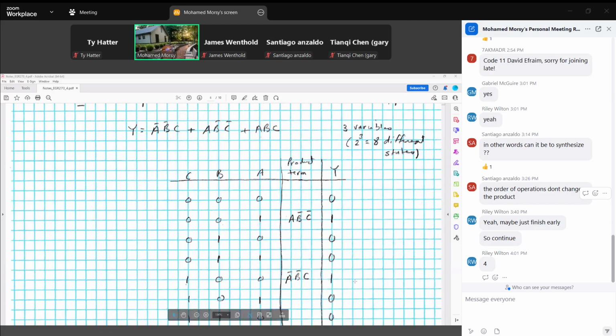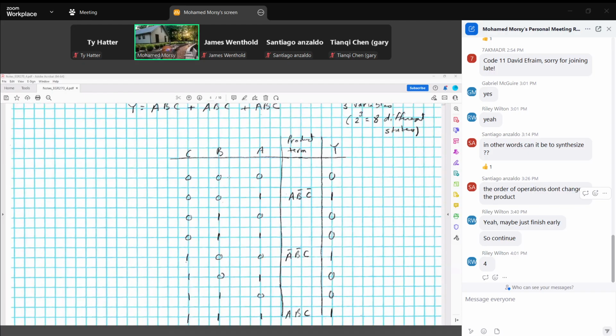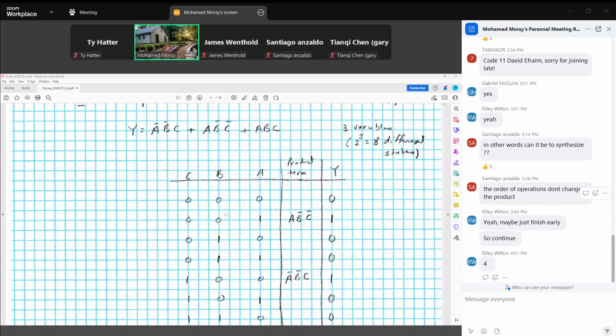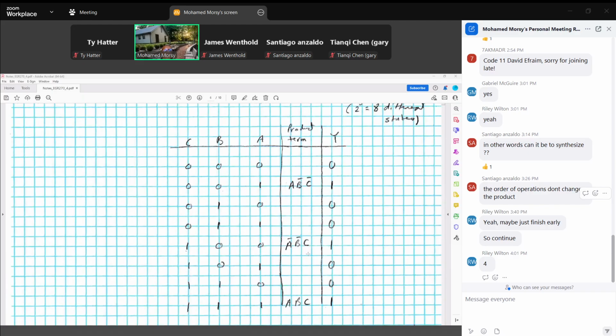Where A is 0 and B is 0, either this one or this one. So what is the next one? C is 1. So A 0, B 0, C is 1, so this product term is here. So the output for this product term is 1, right?